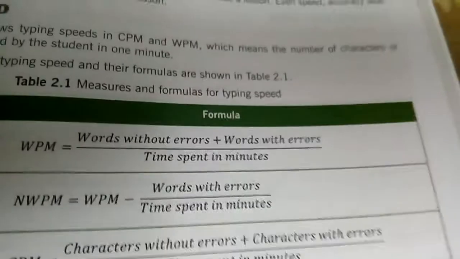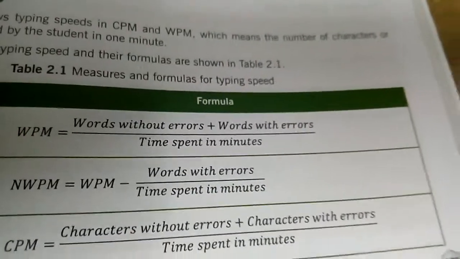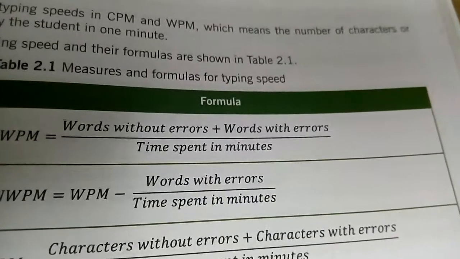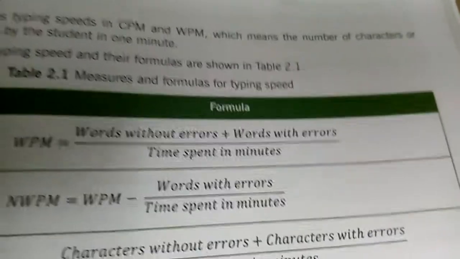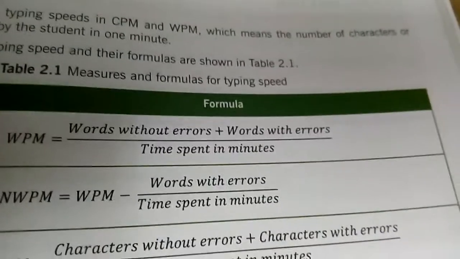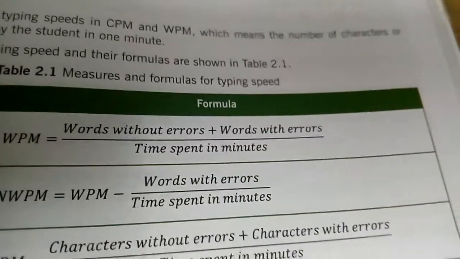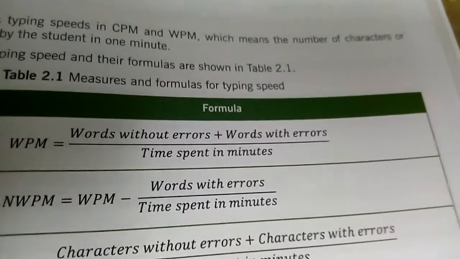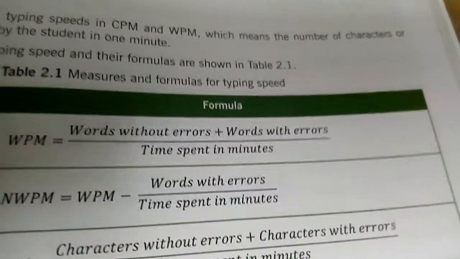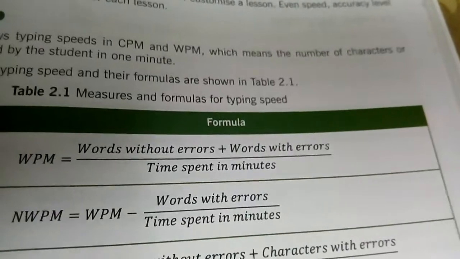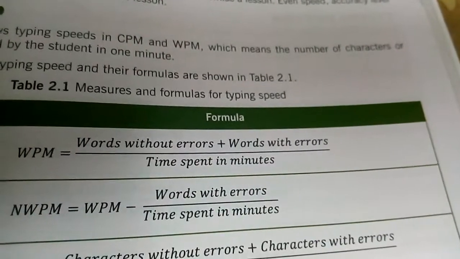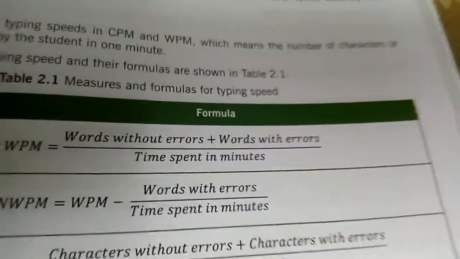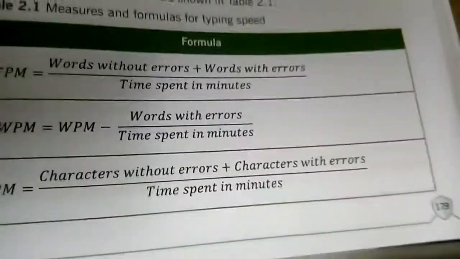Suppose within 10 minutes you have done 15 words right and 5 words wrong, then 15 plus 5 is 20, divided by 10, that means your speed is 2. So the speed will be in words per minute, that is 2 words per minute you have done, that is your speed.